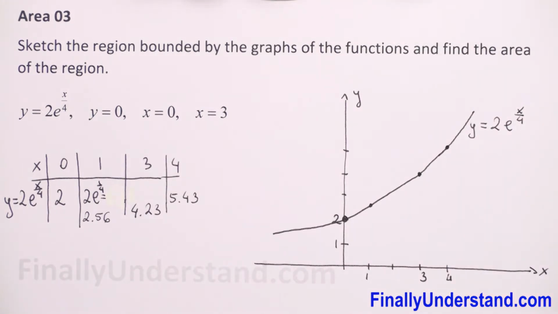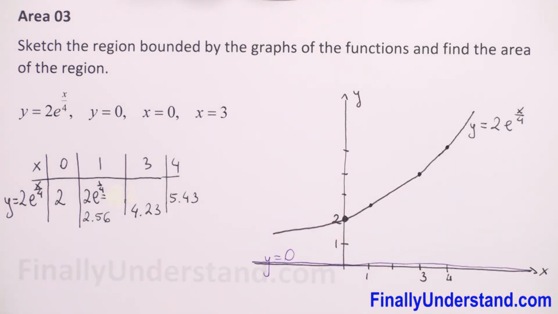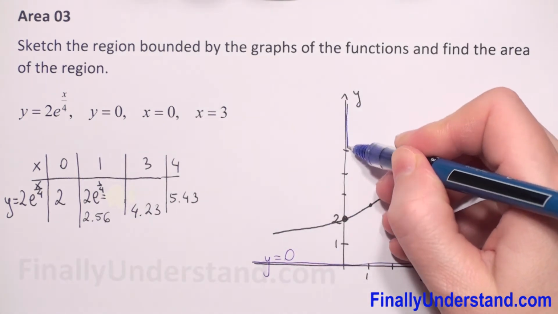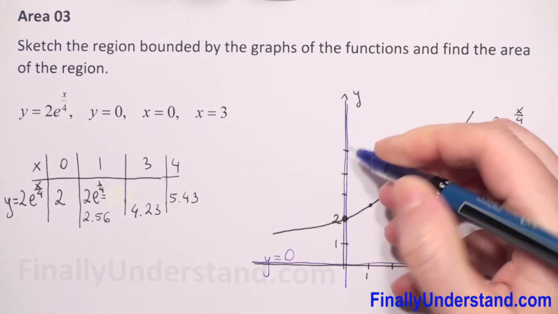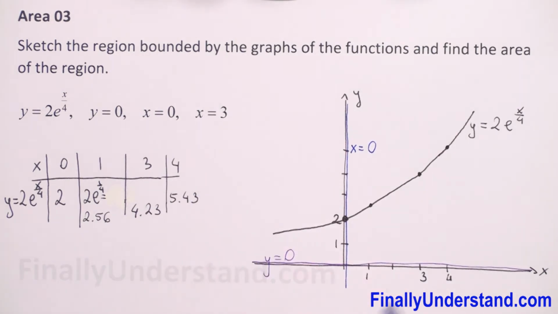Next, we have y equals 0. This is our x-axis. Then we have x equals 0, so this is our y-axis. And we have x equals 3.